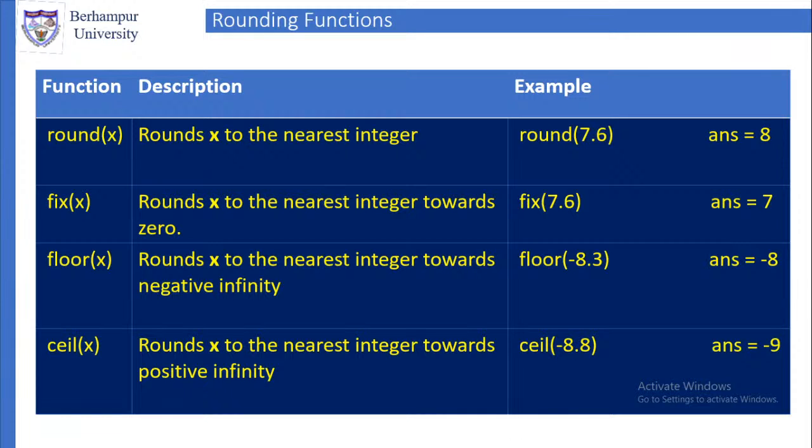Floor x rounds x to the nearest integer towards negative infinity. This is also similar to fix if it is a positive number. If it is a negative number, then it is going towards negative infinity. For example, floor of minus 8.3 rounded towards negative infinity will be minus 9.